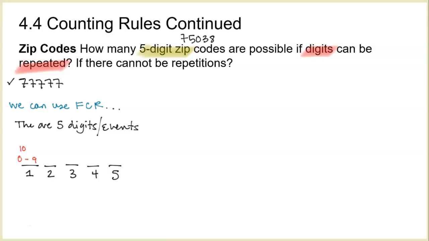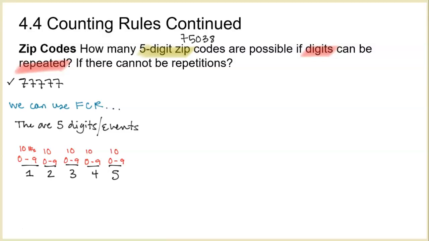Well, since repeats are allowed, that means the second one can be 0 to 9, which is also 10 digits. And the third one can be 0 to 9. The fourth one and the fifth one, they all can be any number from 0 to 9, as illustrated here, because 7 is within each of these intervals. And so each digit has 10 possible choices.